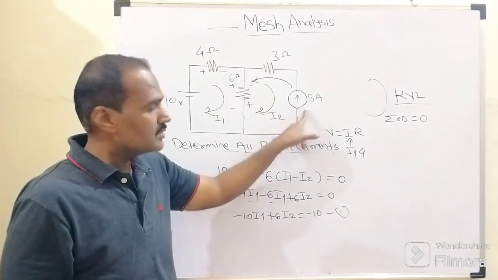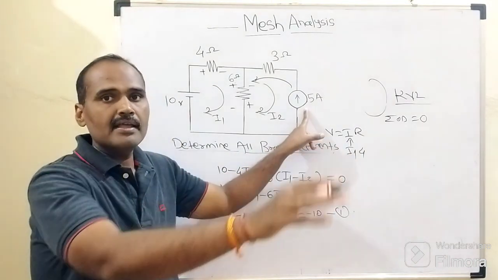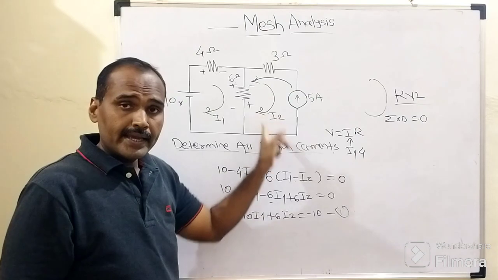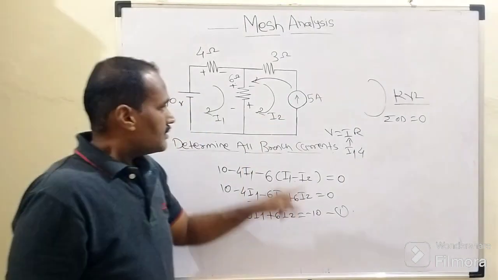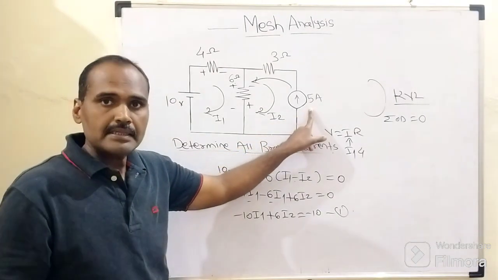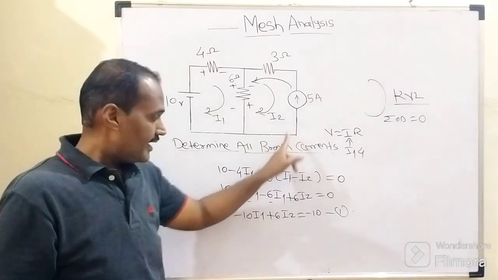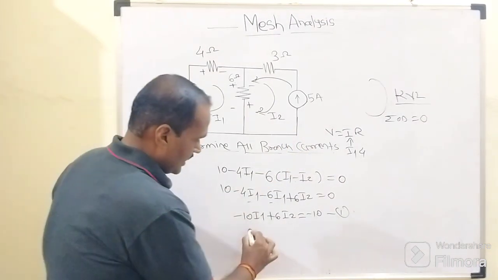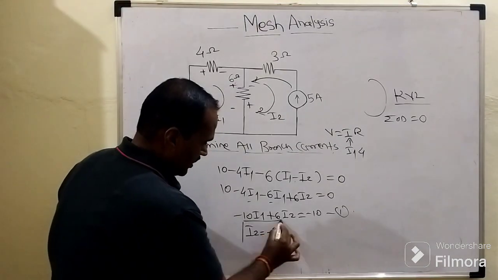But according to the physical connection of this 5 ampere current source, which will try to push that 5 ampere of current in anti-clockwise direction, right? So as we know, this 5 ampere is nothing but what? The current belongs to mesh number 2. Means definitely we can say that here I2 itself is a minus 5 ampere.